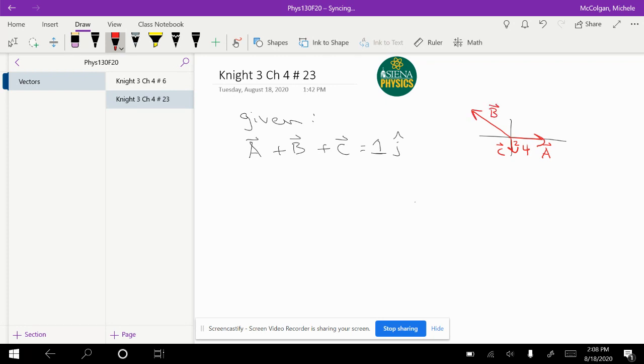So what we have to do, let's go back to black, is find vector B. And we need to do this in component form and as magnitude and direction.